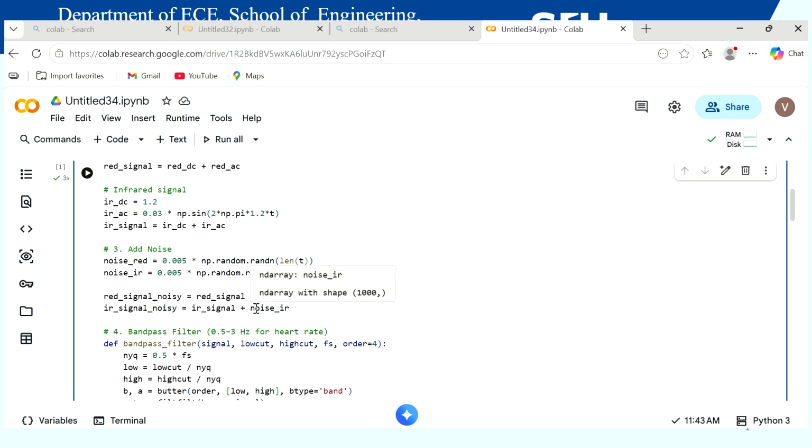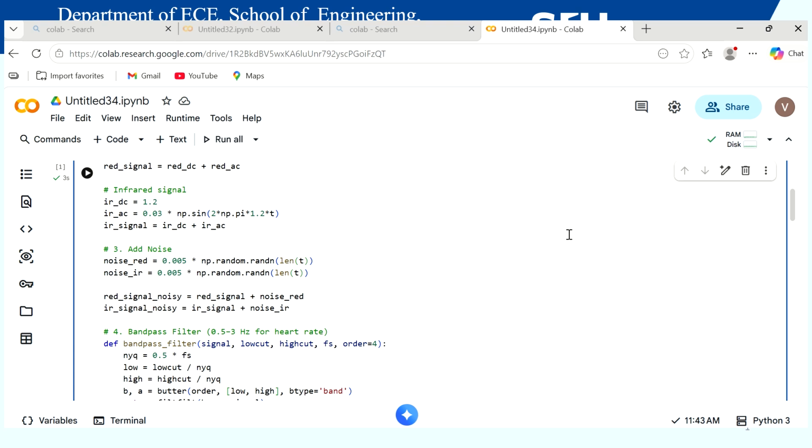And then, what is the meaning? This np.random.randn() generates random noise. So 0.005 is the amplitude. This simulates motion artifacts because we are adding the noise, so automatically it will generate some motion artifacts, and then sensor noise.